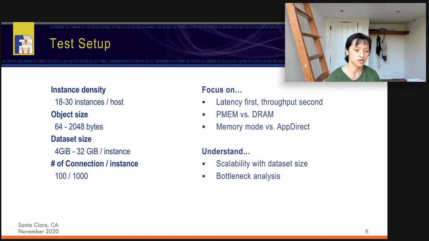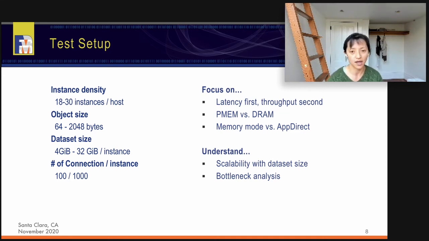Data size is one thing we try to explore by trying everything from very small, like 4 GB, which is what we do most of the time with DRAM instances, to 32 GB that reflects the density difference between PMEM and DRAM. And in terms of number of connections, we try to be realistic. So it's going to be either 100 or 1,000 connections per instance.